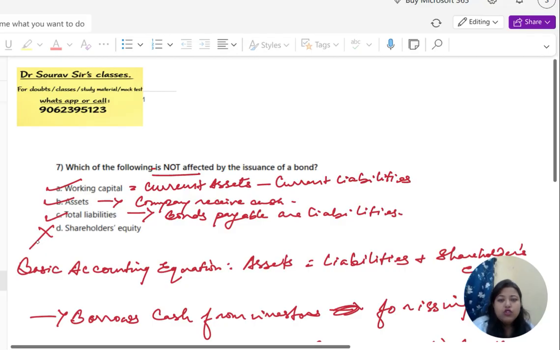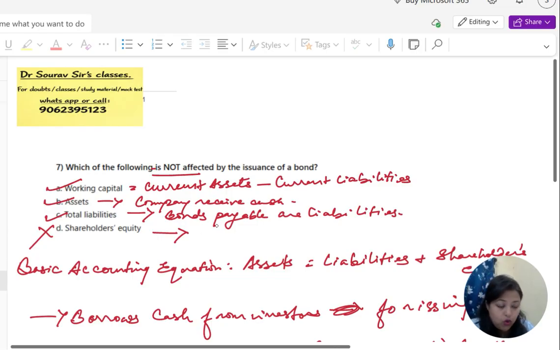So which of the following is not affected by issuance of a bond? Shareholders equity. Issuing debt does not affect equity. Only issuing stock or earning profits or losses affects equity.